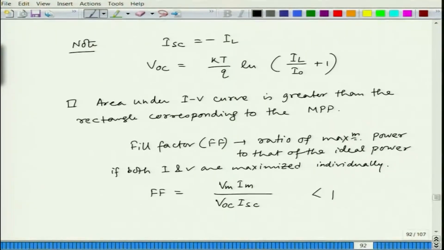The closer it is to 1, the value of unity, the better the performance we would say. Okay. So, the closer FF is to unity, the better the performance.